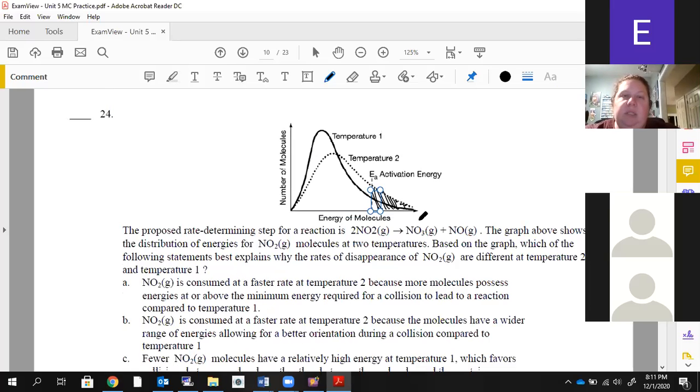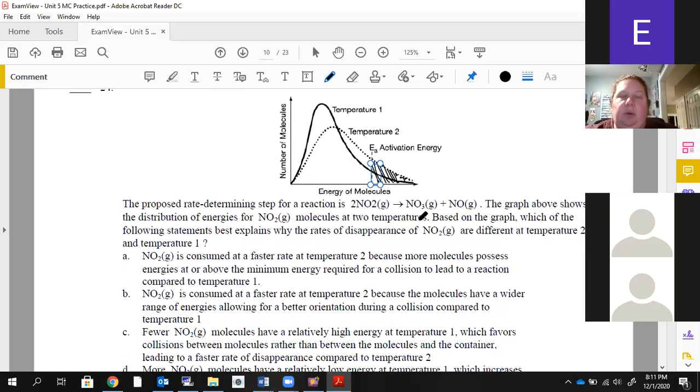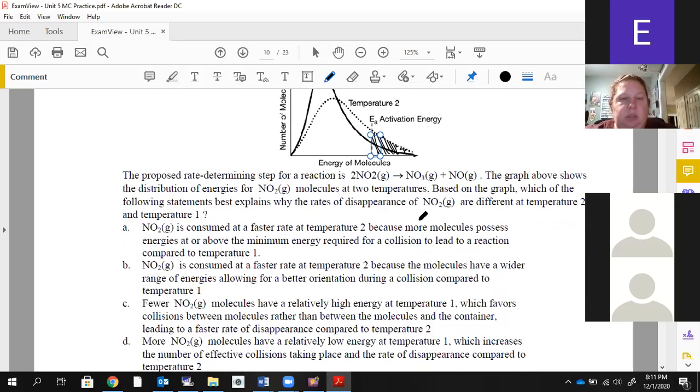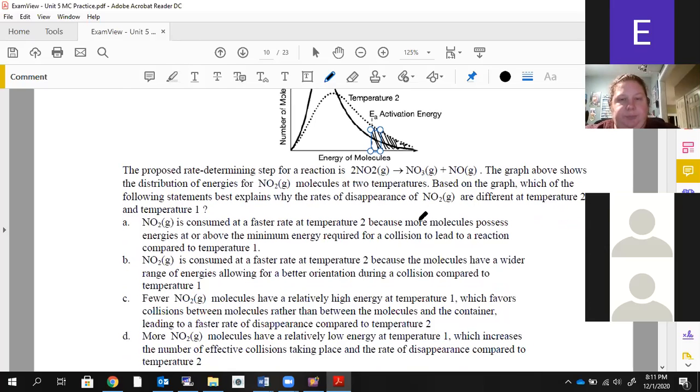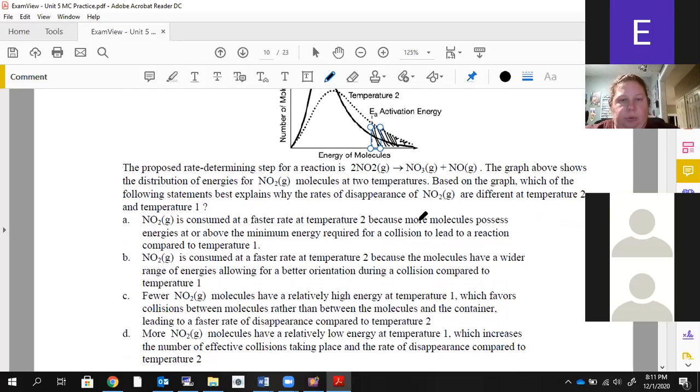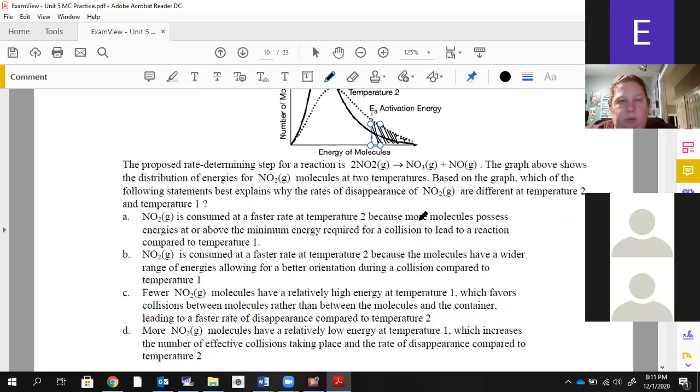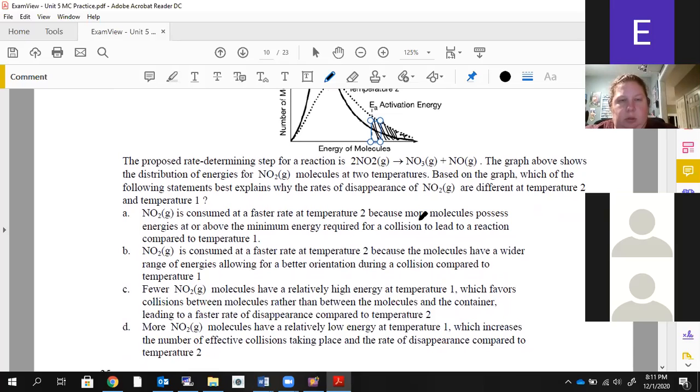So when we increase the temperature, we increase the number of particles that can exceed that activation energy. So which one would that be? NO2 is consumed at a fast rate at temperature 2 because molecules possess energies would be A.